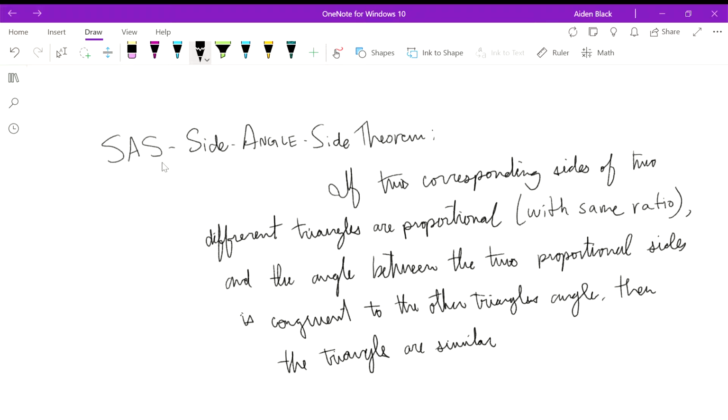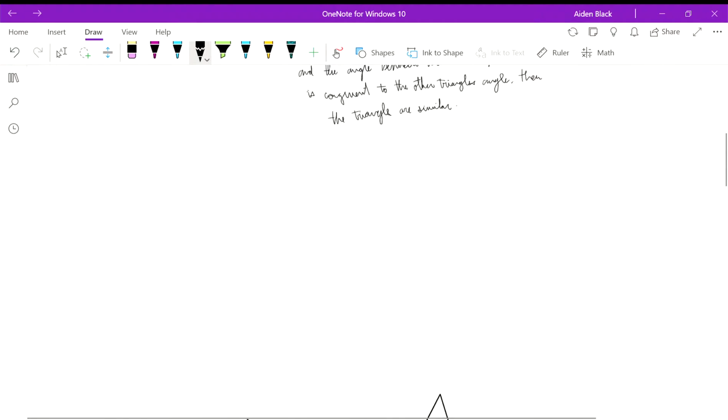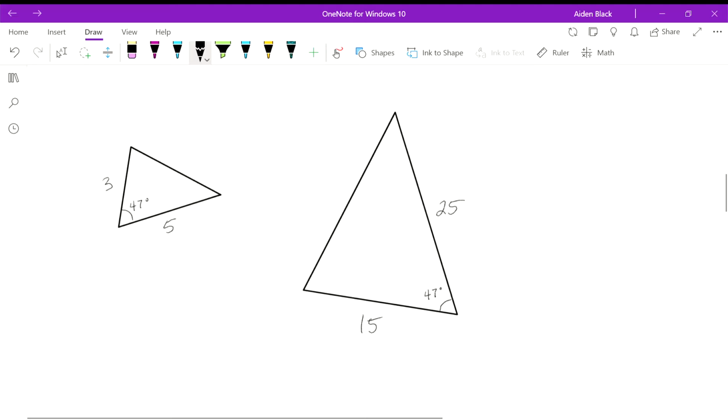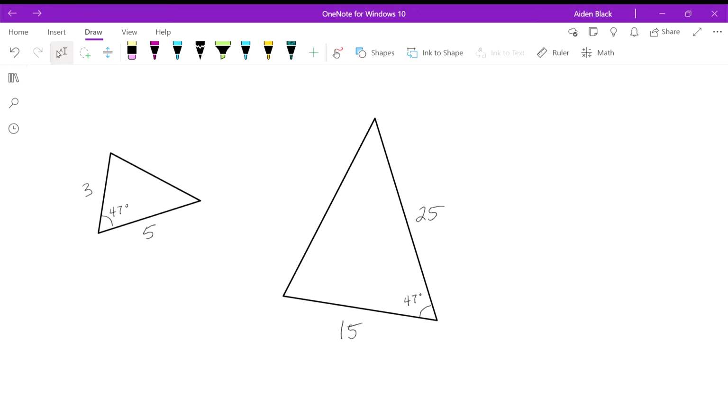So there's probably a much more concise and simpler way to state this, and it's actually easier than it would appear to be. So we'll look at these two triangles. So we have to compare.